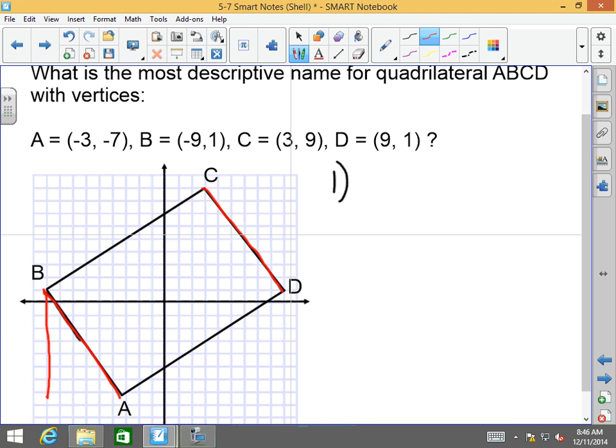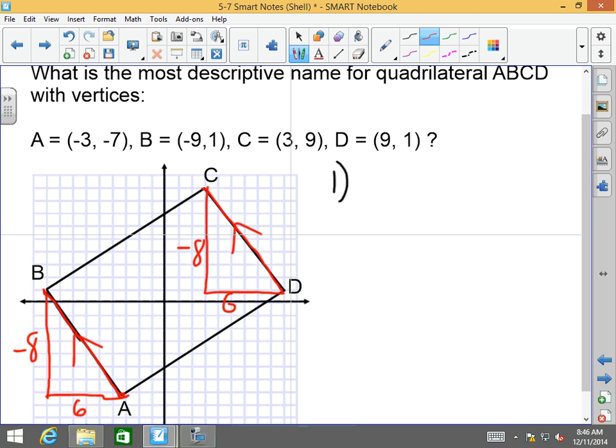And I'm going to the right. I'm running 1, 2, 3, 4, 5, 6. Okay? So down 8 over 6. Let's go from C to D. 1, 2, 3, 4, 5, 6, 7, 8 over 1, 2, 3, 4, 5, 6. So far, CD and AB are parallel, correct? You guys with me there?